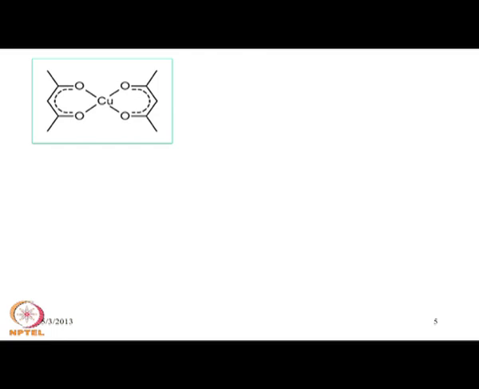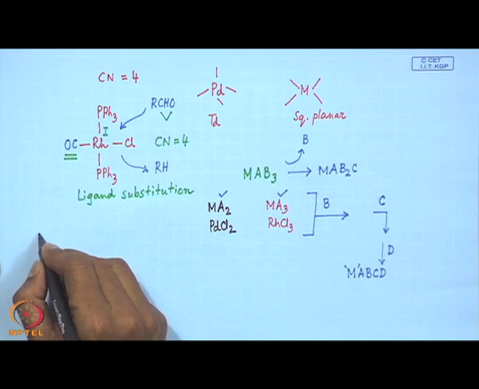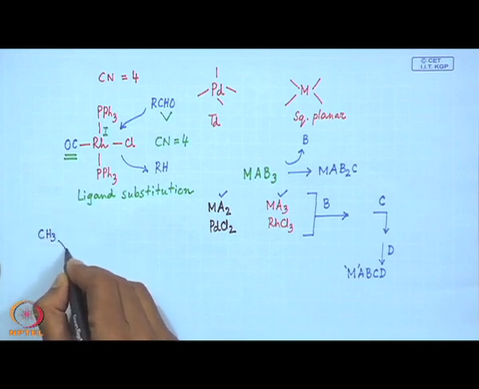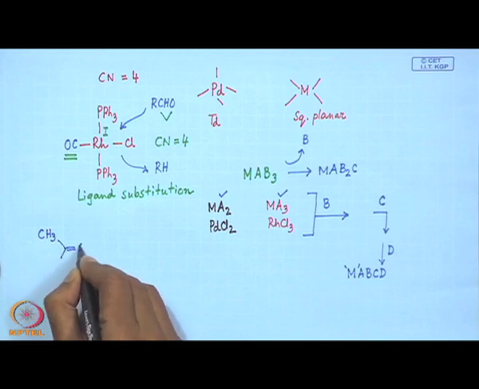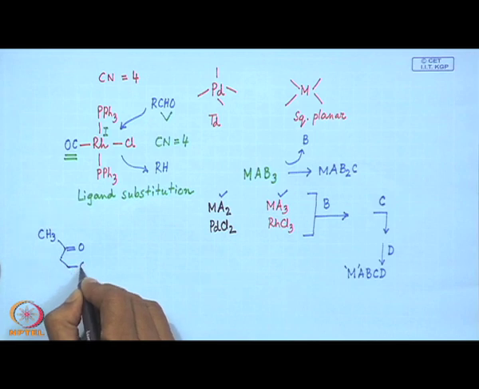When we have been talking about several bidentate ligands, one good example we have seen is acetylacetone, which is CH3COCH2COCH3.